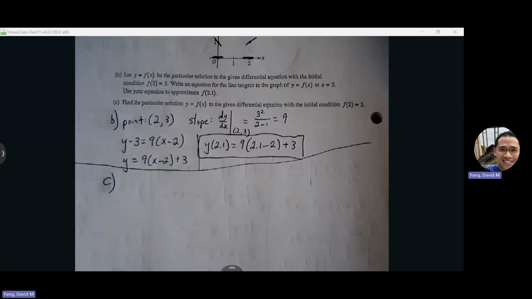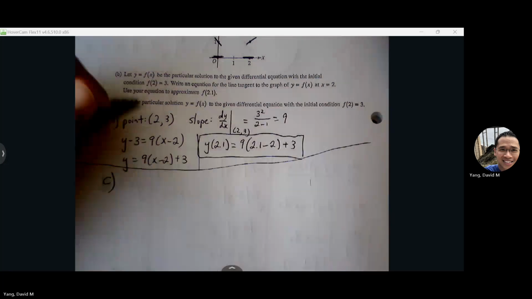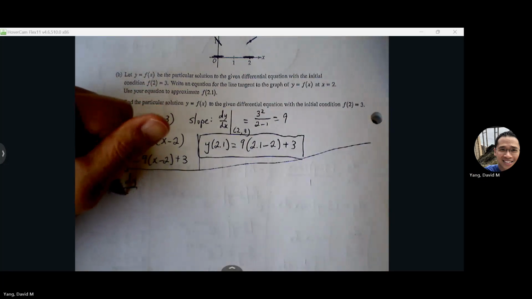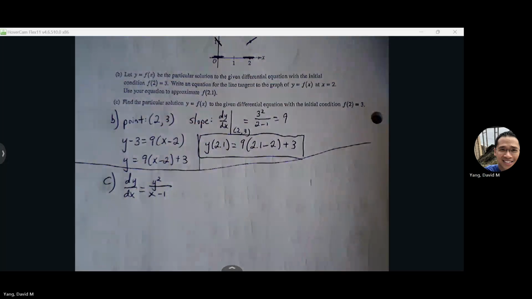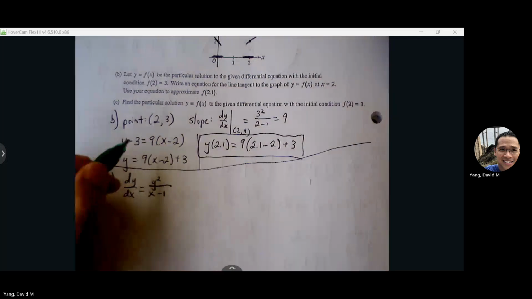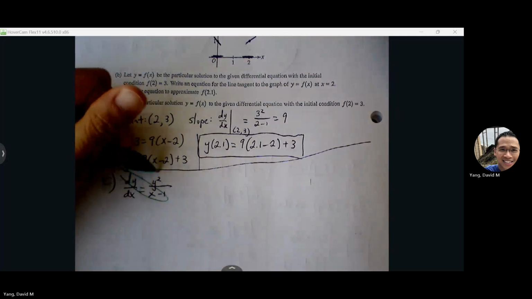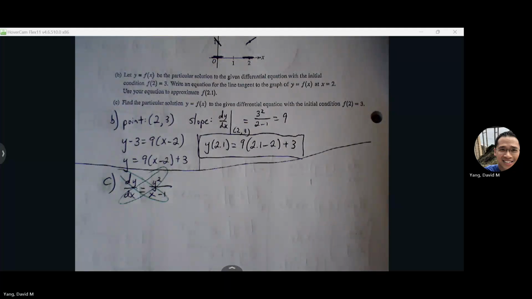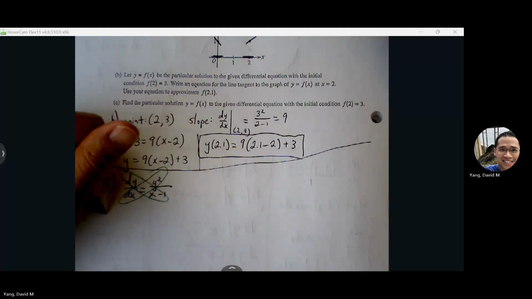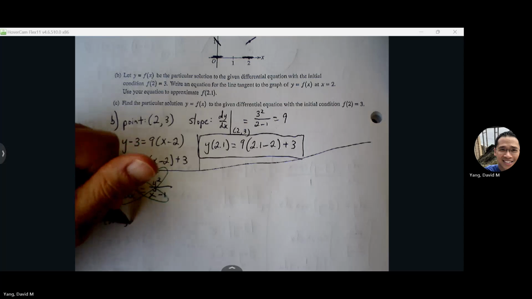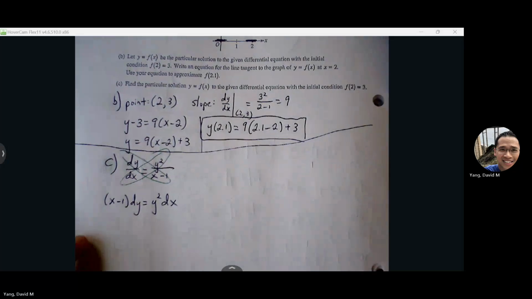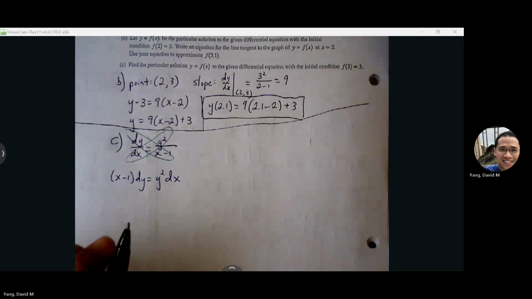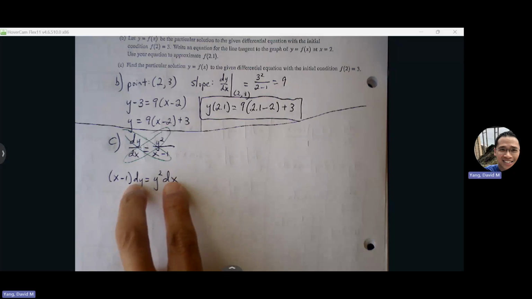Okay. Moving on to solving differential equation, cross multiply, separate variables. Okay, have my dy dx's in my preferred spots.